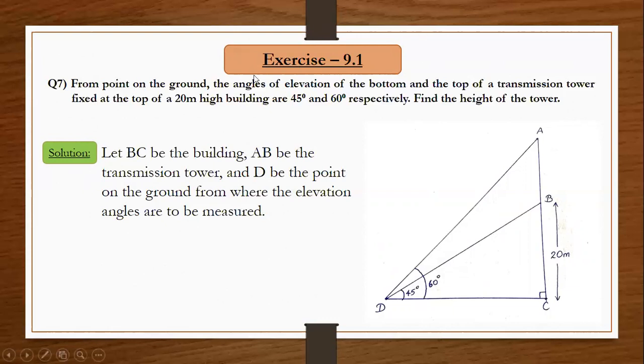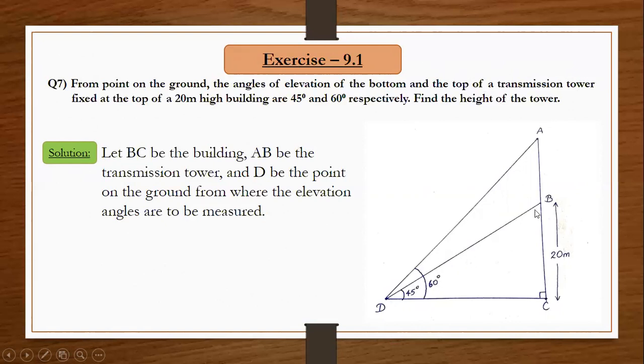So here BC is the building and AB is the transmission tower which is kept on top of the building, and D is the point on the ground from where we are looking up. Okay, and it is given the bottom and top of the transmission tower. So for the bottom, it is 45 degrees.